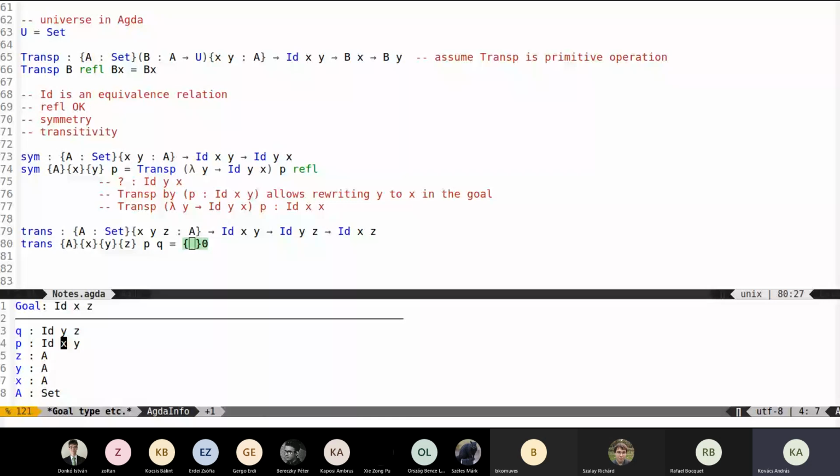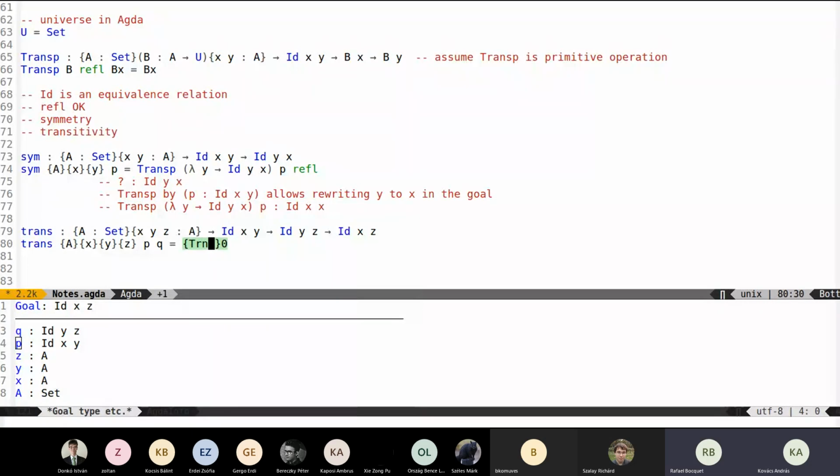In this case, I want to search for particular rewritings which make the goal type trivial, or not trivial, but solvable. For example, if in the goal type I rewrite z to y, then it becomes id x y, and x y is already available as a proof.